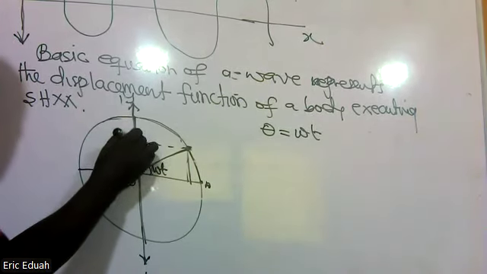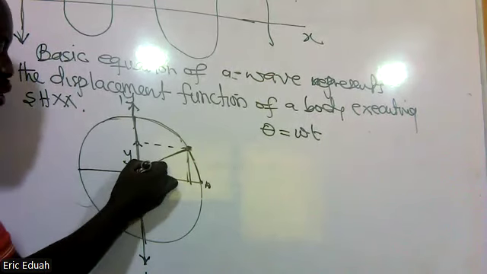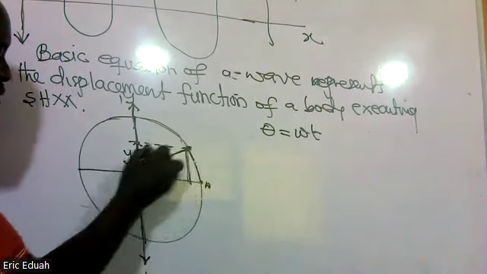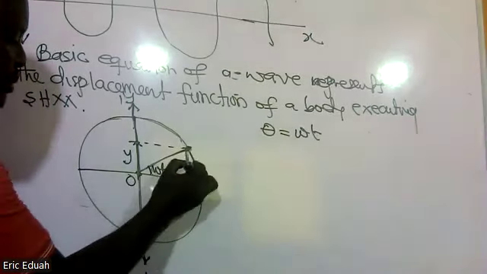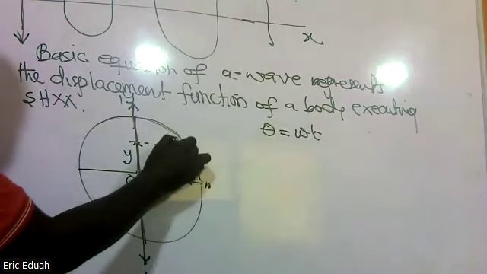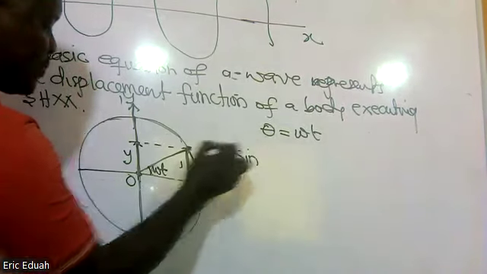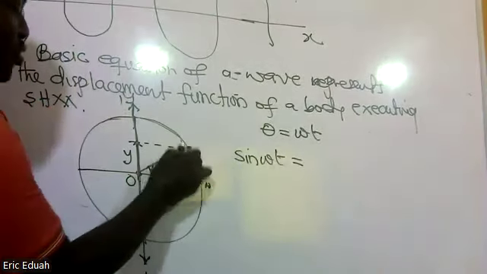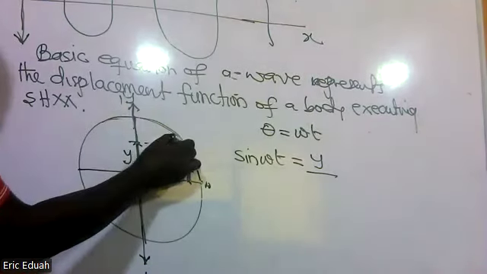So if we want to determine this value of y above O, we use trigonometry. This distance is actually equal to this. So if this is y, this is also y. So if we want to find this displacement, we use sine of the angular displacement, which is omega t. Sine omega t is equal to y over the radius, which is this.